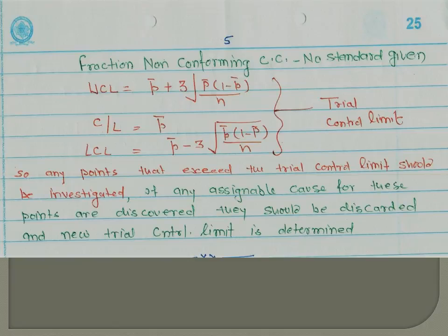So if any assignable causes are found for these points, then they should be discarded and new trial control limits are determined.